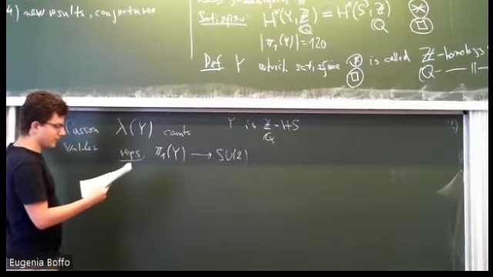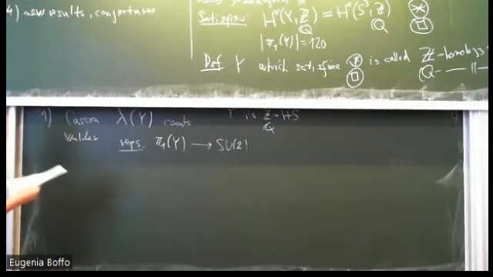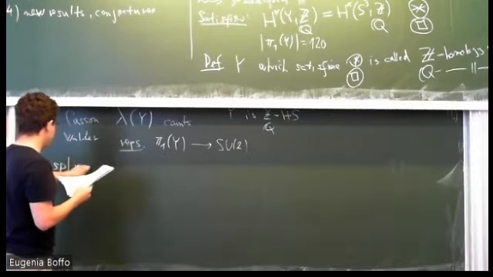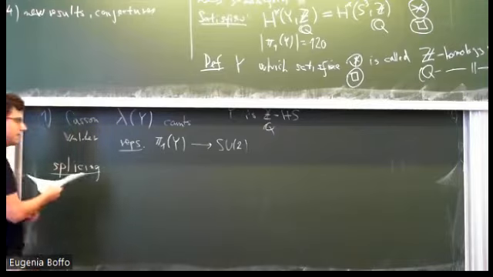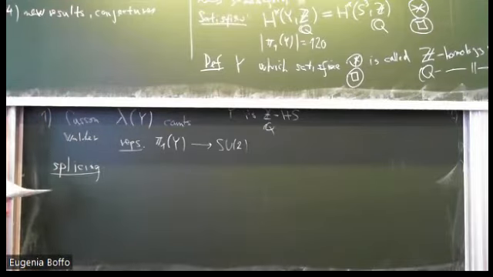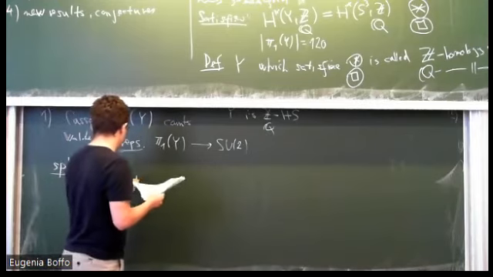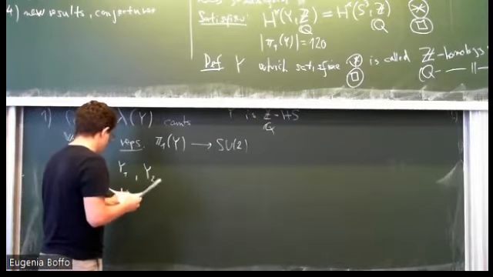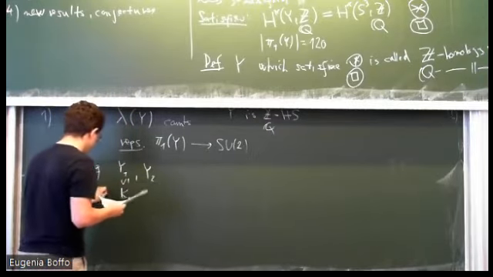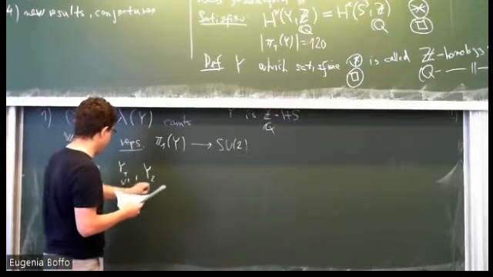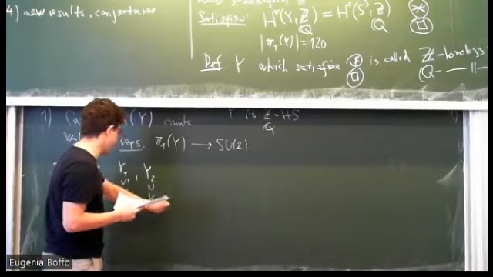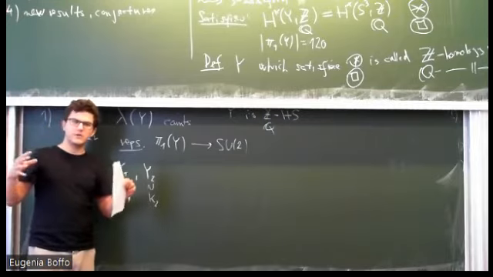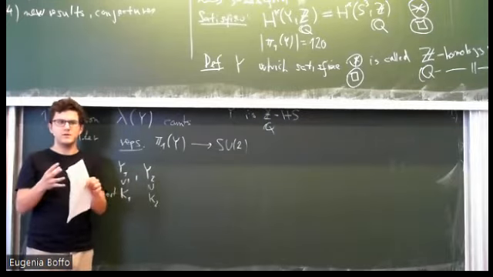So it has one very cool property, and this is related to splicing, the second topic. So what is splicing? Again, this is something defined for homology spheres. If I have Y1 and Y2, and I pick a knot inside Y1 and a knot inside Y2, then there is a canonical way to glue these two manifolds along these two knots.